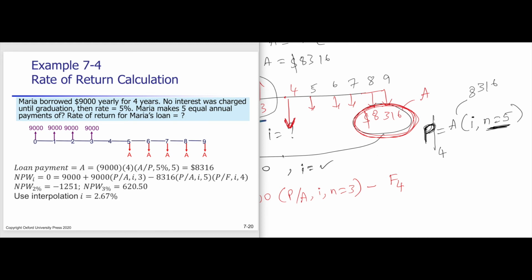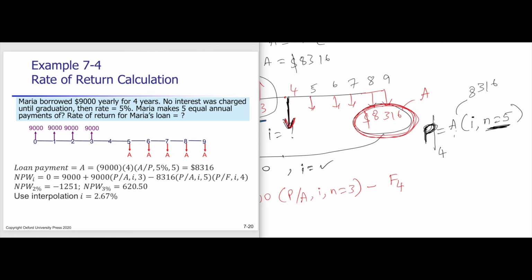The right formula to use is what is P when A is 8316, I and n equal to 5, you get P4. Or the present value at 0th year, where 0th year in this case, when you apply n equal to 5, I and A is 8316, you get the value at the 4th year.